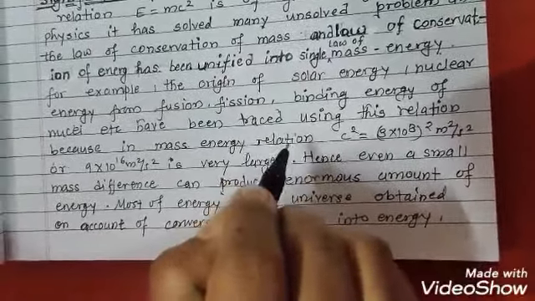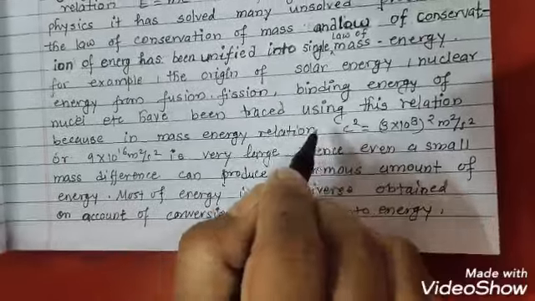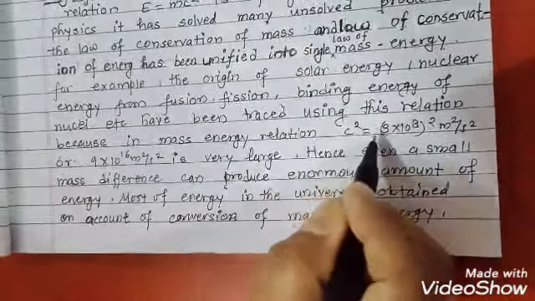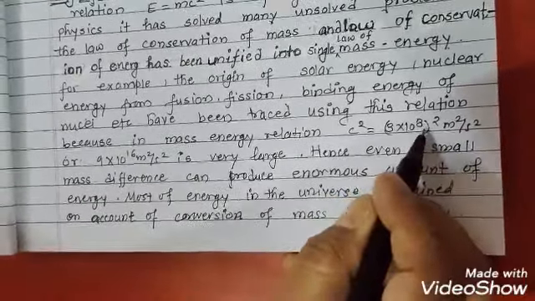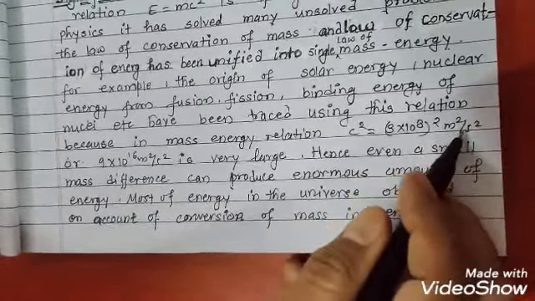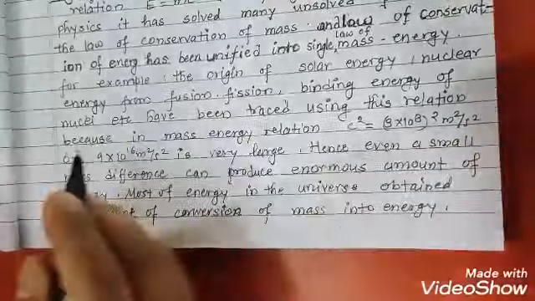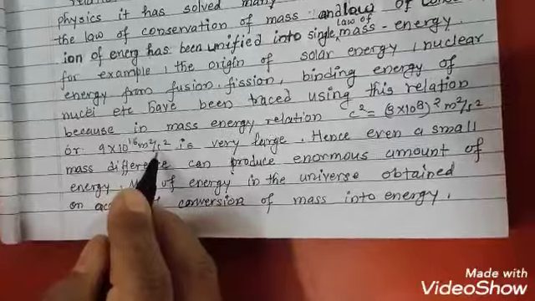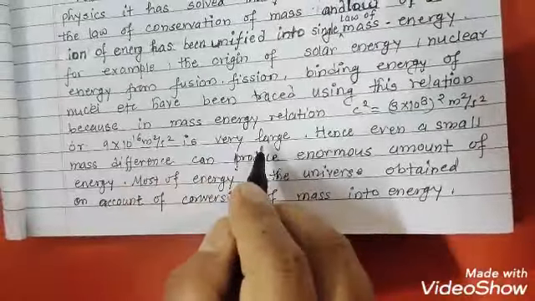have been traced using this relation, because in the mass energy relation, c square, that is 3 into 10 to the power 8 the whole square, or 9 into 10 to the power 16 meter square per second square, is very large.